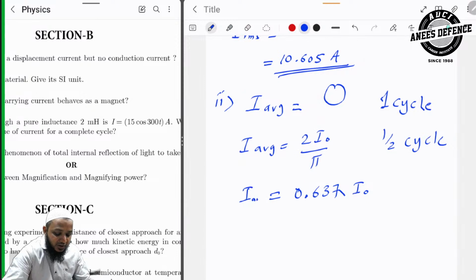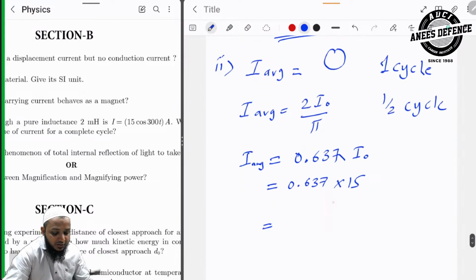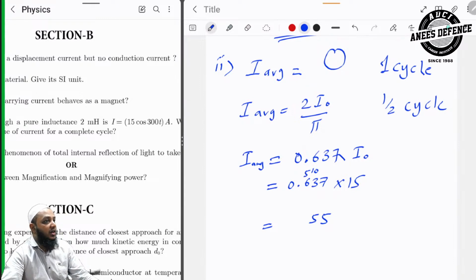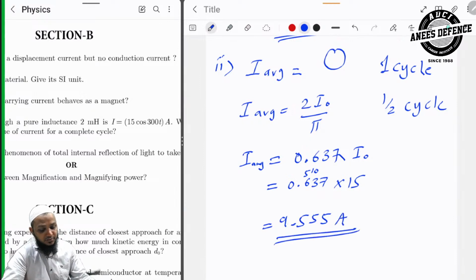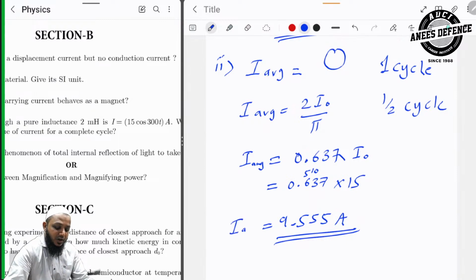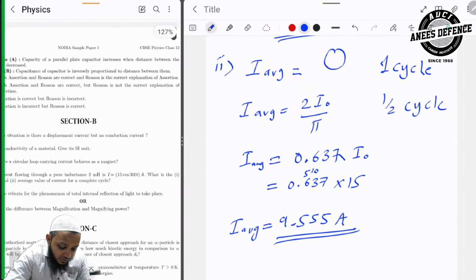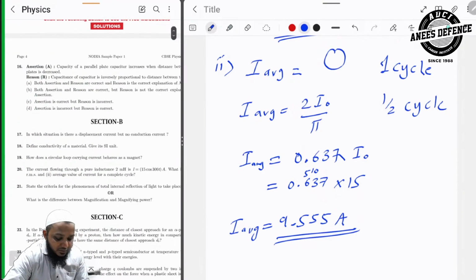Now, using this shortcut, I can very easily do it. 0.637 into 15 because I naught is 15. 15 sevens are 105, carry 10. 15 threes are 45, 5 carry 5. 15 sixes are 90, plus 5, 95. 9.555 ampere is my answer. This is the average value of current over half cycle. But we have been asked to find the average over one cycle. Therefore, I will write 0. Correct? So that solves your question number 20.